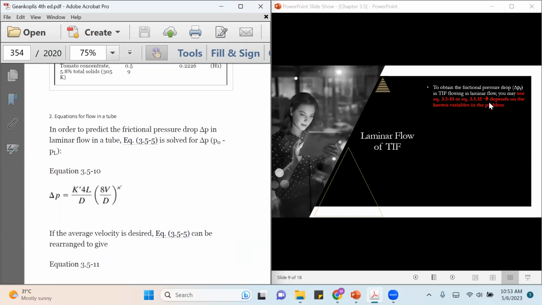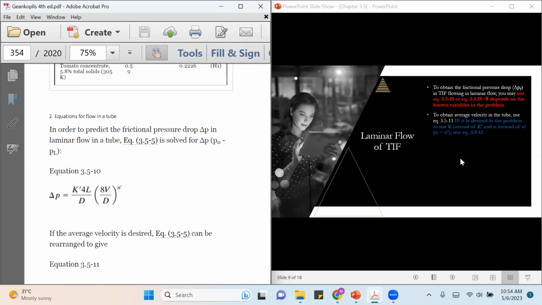It depends on the known variables in the problem. If the problem gives you all the values of this, then you can use this equation. If the problem gives you other parameters, then you may have to use equation 15.